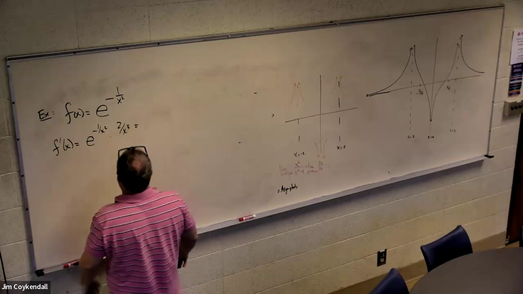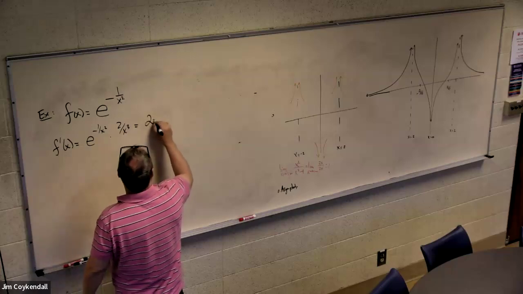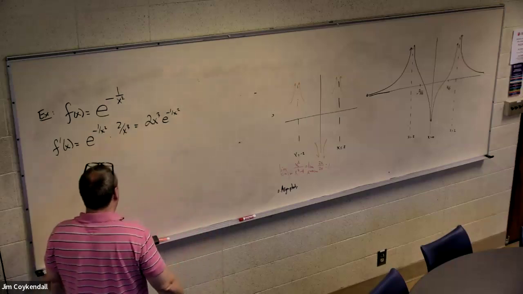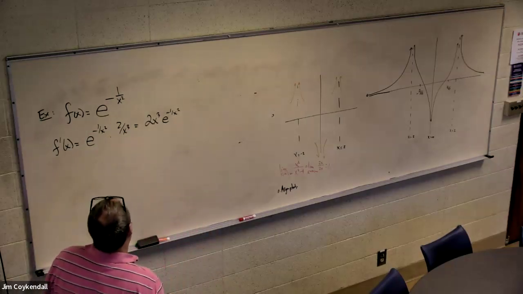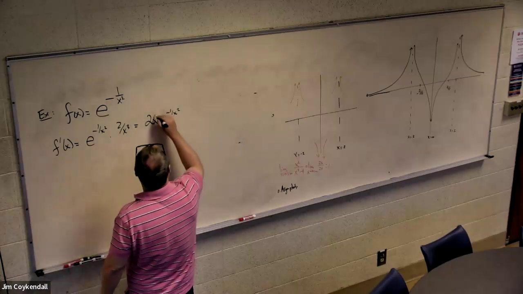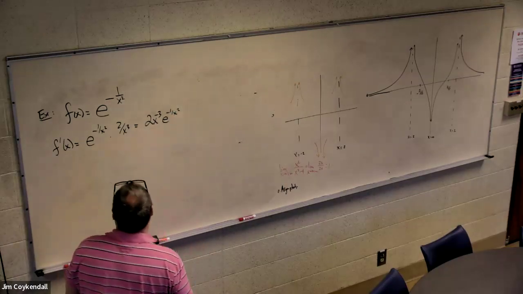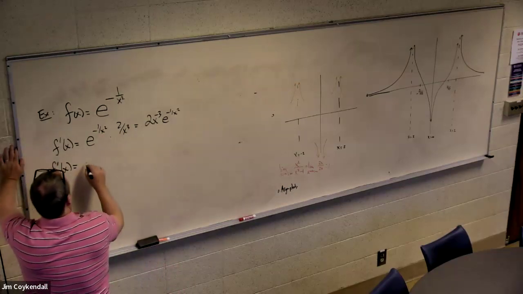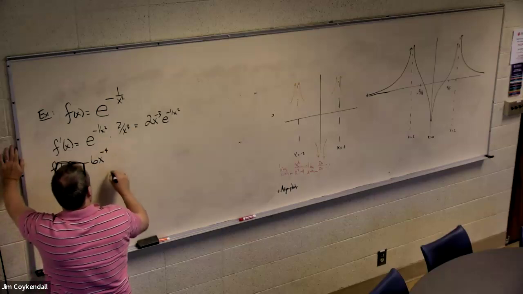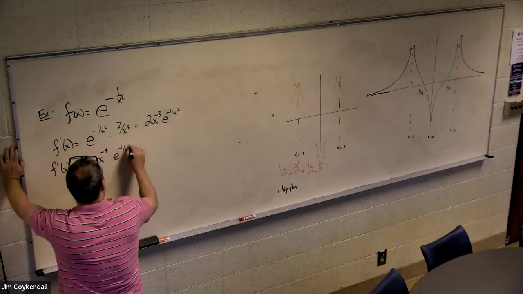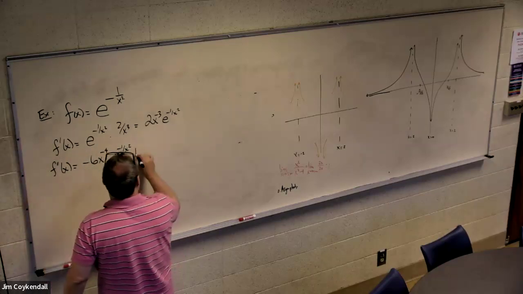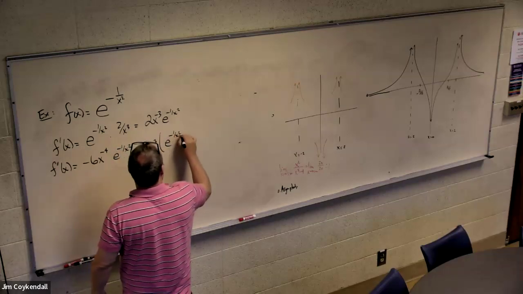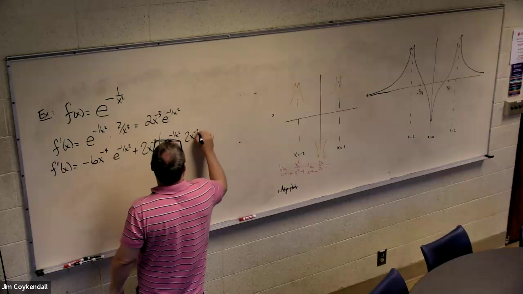I'll also write it this way: 2 over x cubed e to the minus 1 over x squared. And f double prime of x is -6 over x to the 4th times e to the minus 1 over x squared, using the product rule, plus 2 over x cubed times e to the minus 1 over x squared times 2 over x cubed.